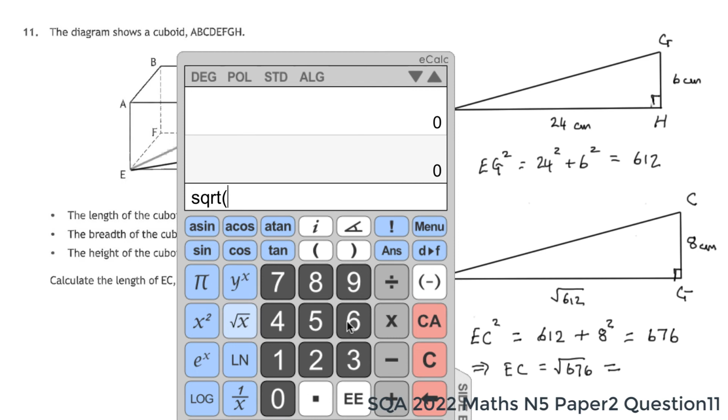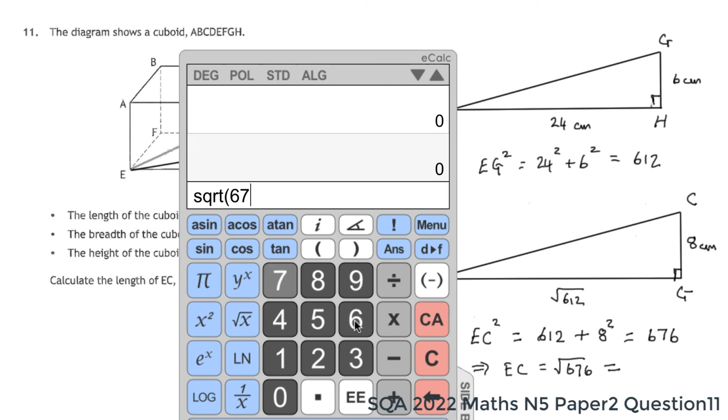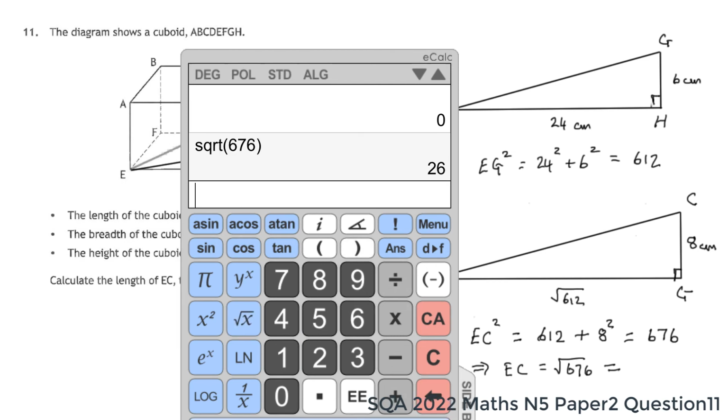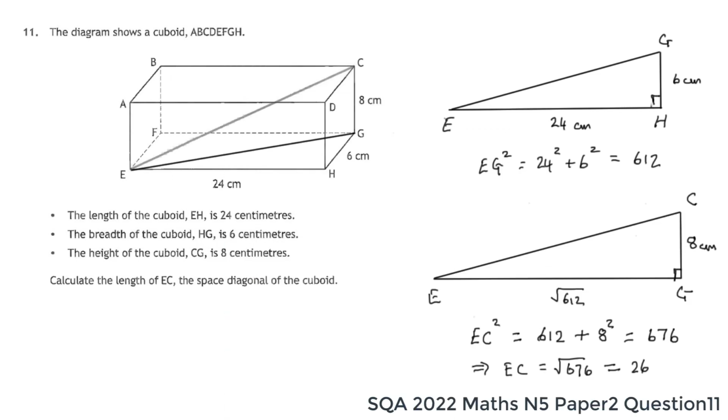Square root of 676. And that comes to exactly 26. So to answer the question, calculate the length of EC, the space diagonal of the cuboid. It's 26 centimetres. Units are centimetres.